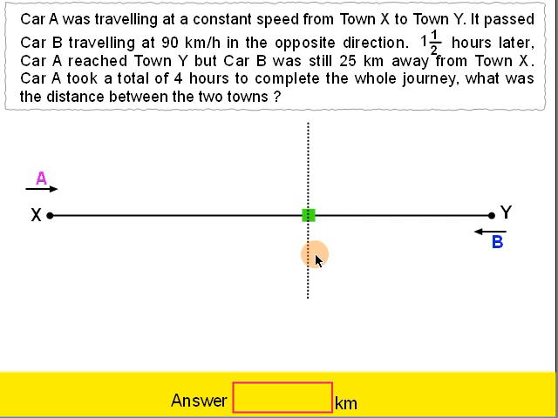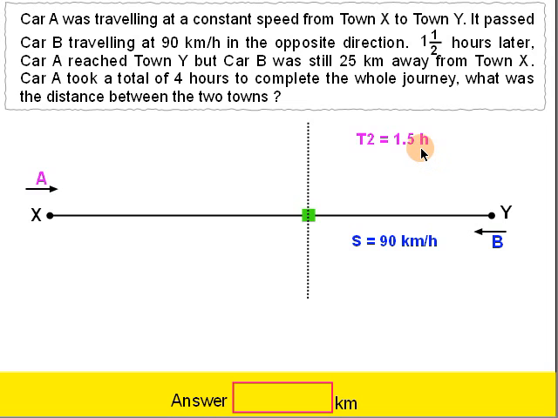Understand? So at the point 1.5 hours, car A already reached Tau Y, but car B was still 25 km away. So what happened is this. The speed of car B is 90 km per hour.